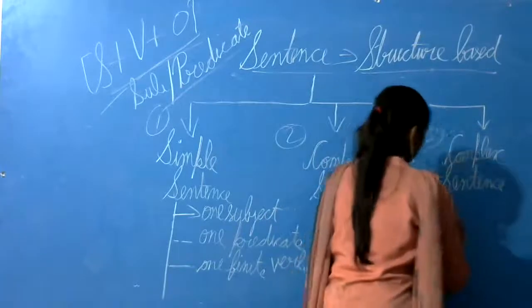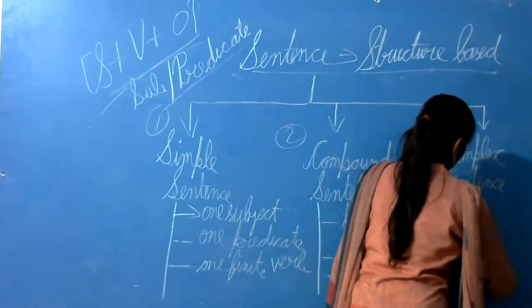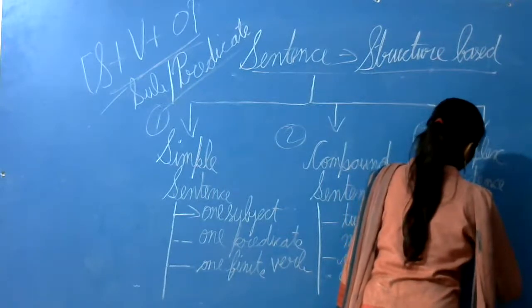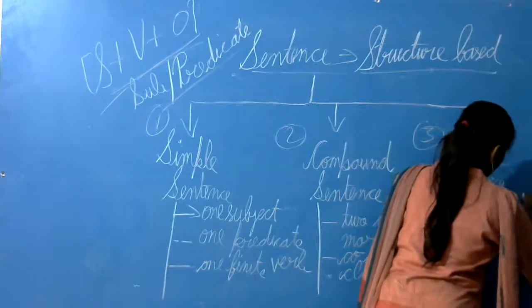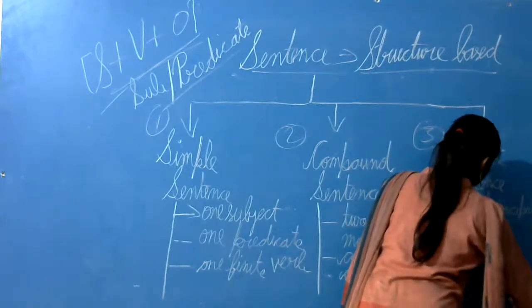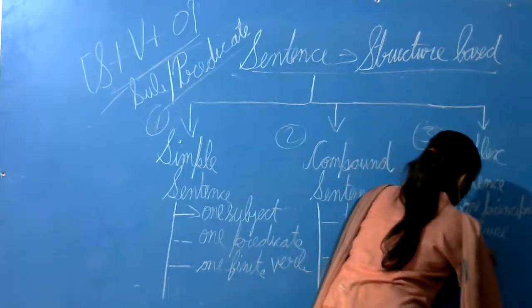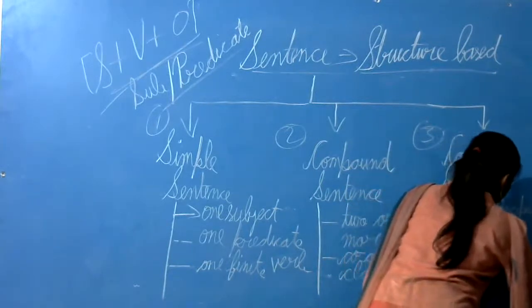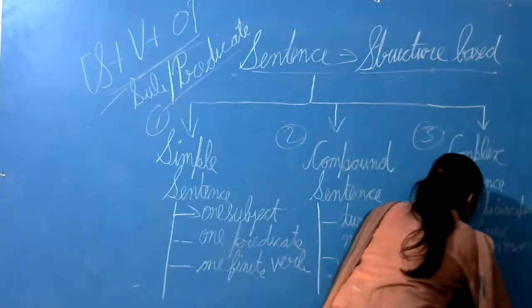Third one, complex sentence. It is made up of one principal clause and one or more subordinate clause.